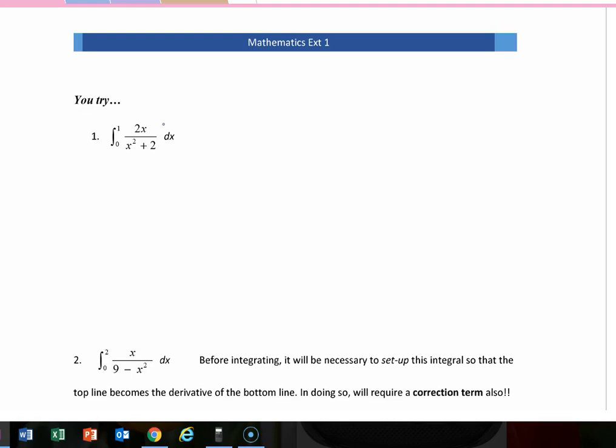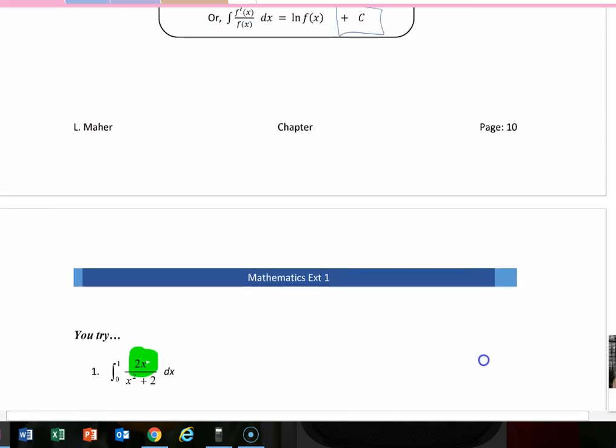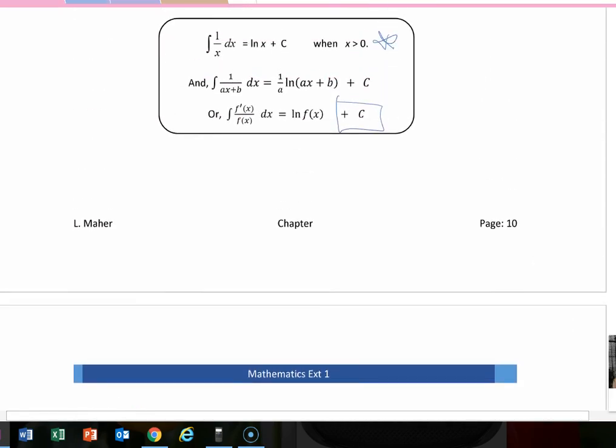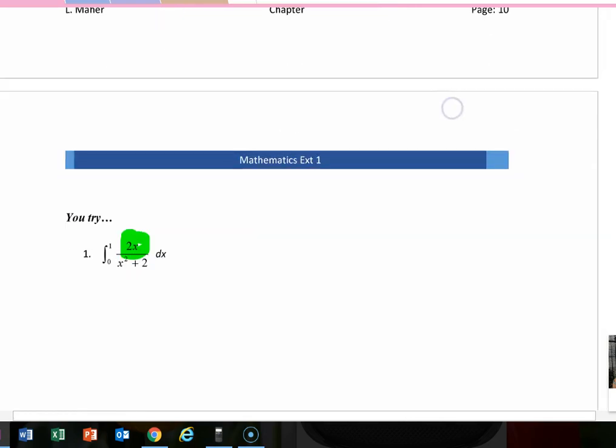We can actually see that this 2x is the actual derivative of x squared plus 2. So it's a very good example of this rule here, where we've got the derivative of this function on top and the function in the denominator.